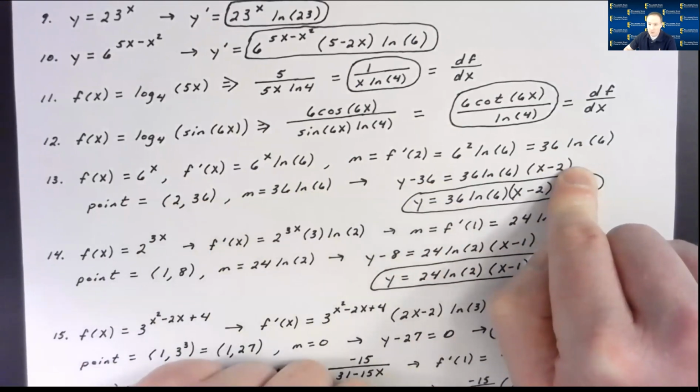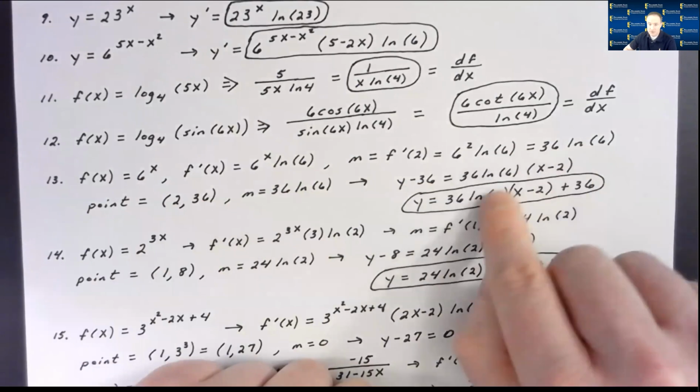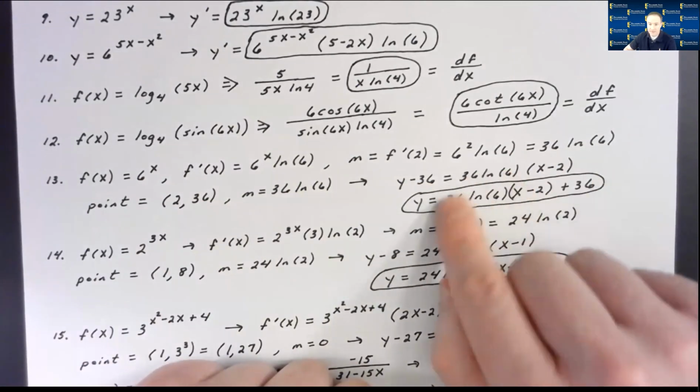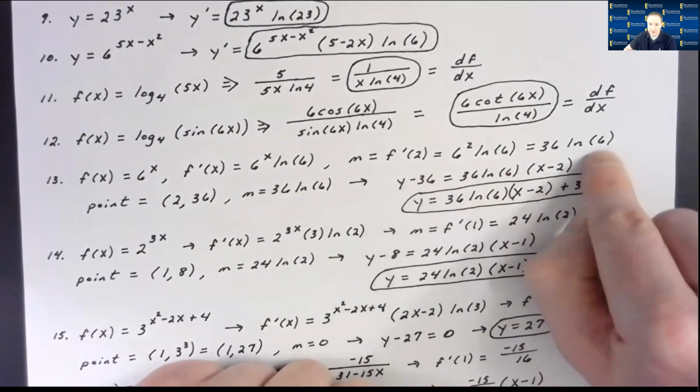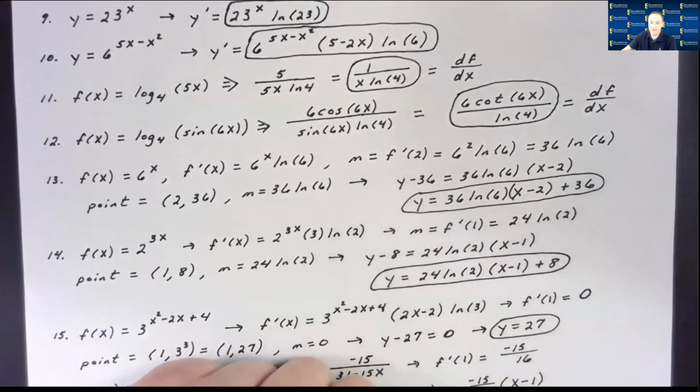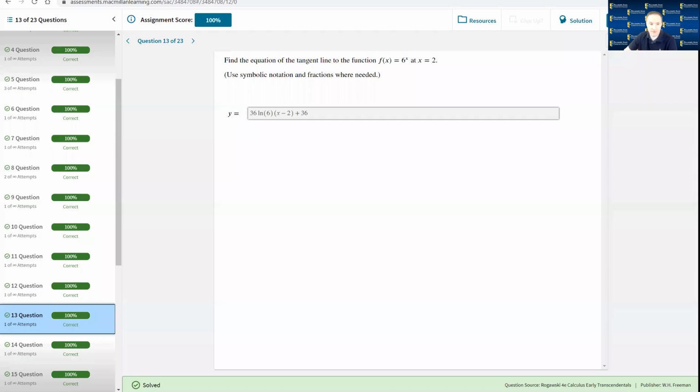And then they don't want you to distribute through since you have a complicated slope. Just bring the 36 over and you'll be fine. So final answer there, 36 natural log of 6 times x minus 2 plus 36. And you can see that that's precisely how I entered it in on the Achieve answer there.